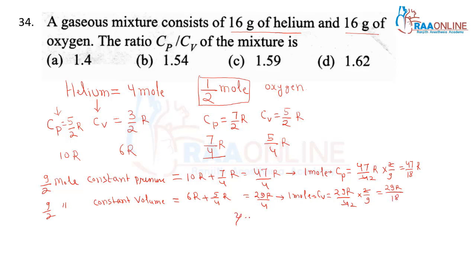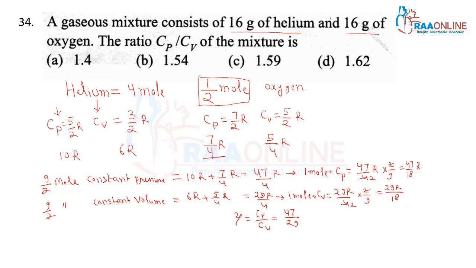So for the mixture, gamma should be Cp/Cv. In Cp/Cv, 18 and R will cancel out, giving 47/29. So we have to divide 47/29.